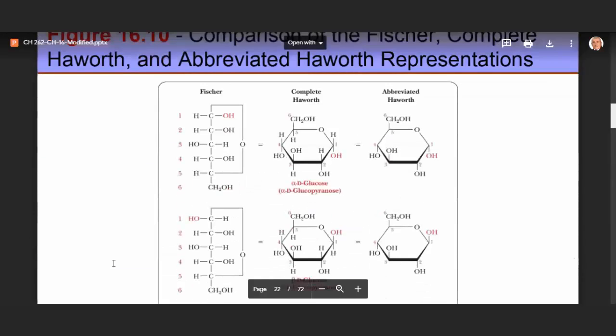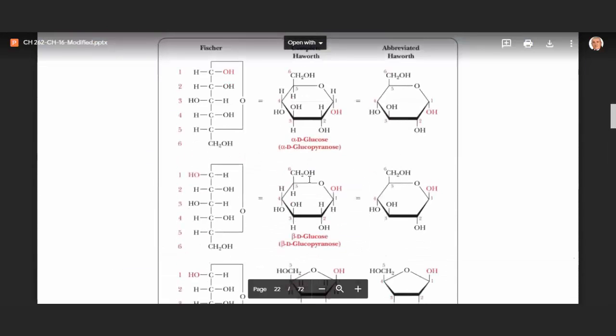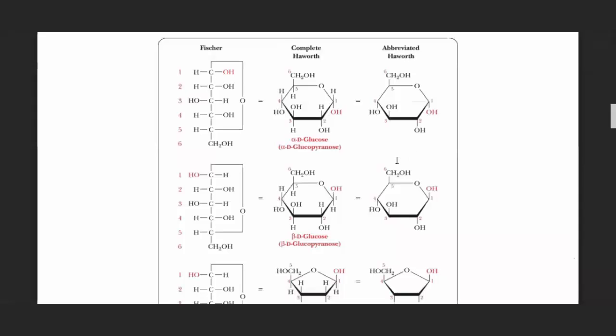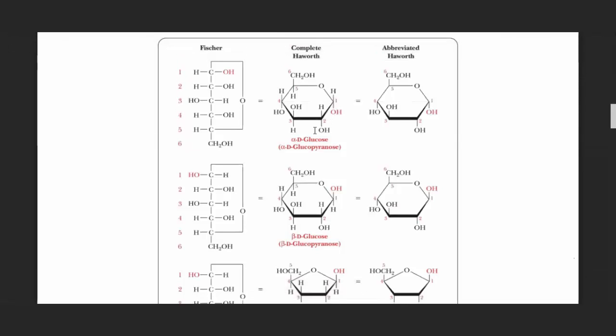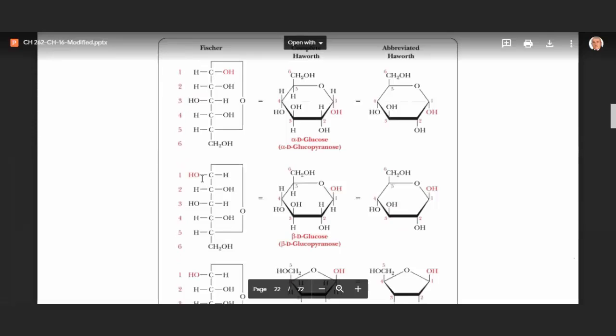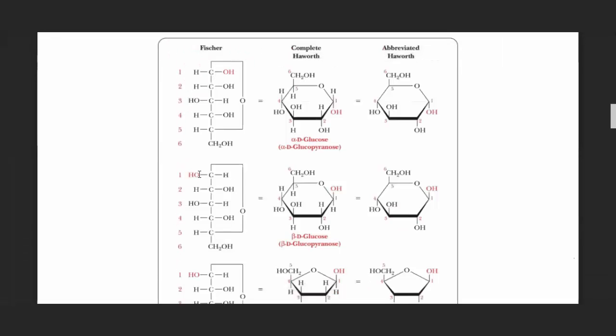Now let's compare between Fischer, Haworth, and abbreviated Haworth here. This is the Fischer. Notice any OH group that is right in the Fischer becomes down in Haworth, and any OH group that is left in Fischer becomes up in Haworth.